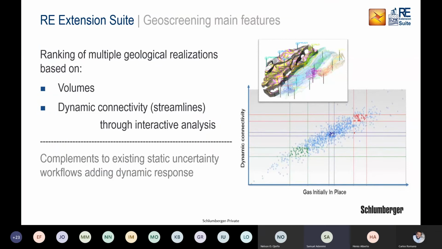So you want to select something that is not just mathematically correct, because all the realizations are mathematically correct, but they are not all geologically realistic. So what you are trying to do is to select consistent models at the beginning, until you have production to constrain those cases and select a better one, because production will give you more understanding of the field. And that is what we're doing at the greenfield phase, at the early stage.